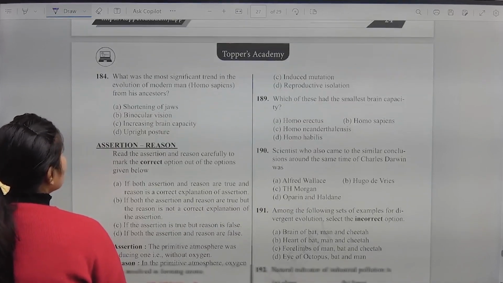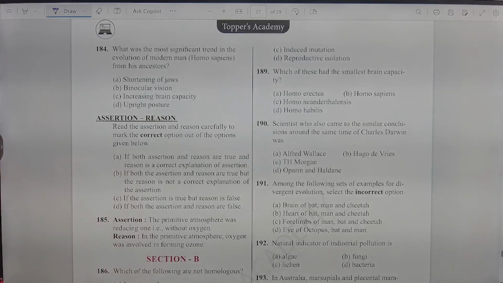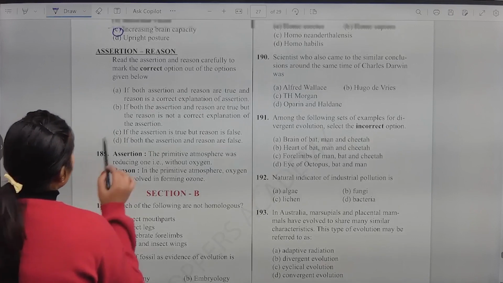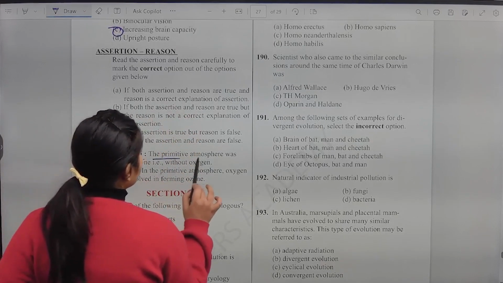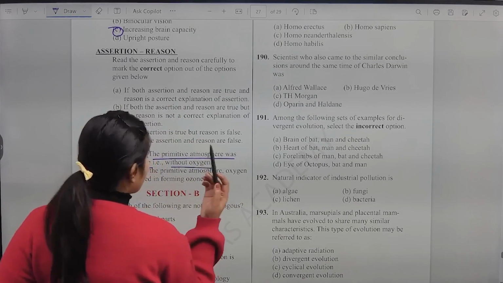What was the most significant trend in the evolution of modern man from his ancestor? That is the increasing brain capacity. The correct answer is C. Next there is an assertion reason question. Assertion is giving the primitive atmosphere was reducing, okay, without oxygen. Correct only.